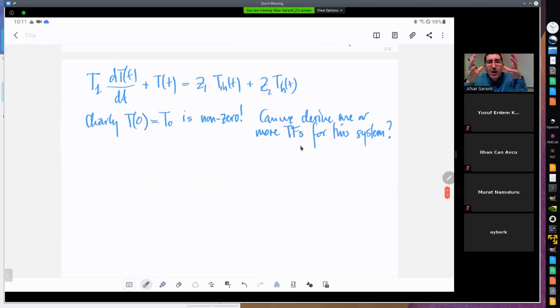But as an outline, we will have to take care of the initial condition. We can do this by defining an operating point, an equilibrium point around which we will derive the transfer function. And also, because this system is not a single input, single output system, we will have to apply superposition in order to derive a transfer function from each input to the output.